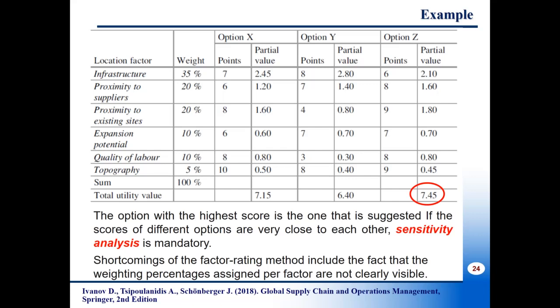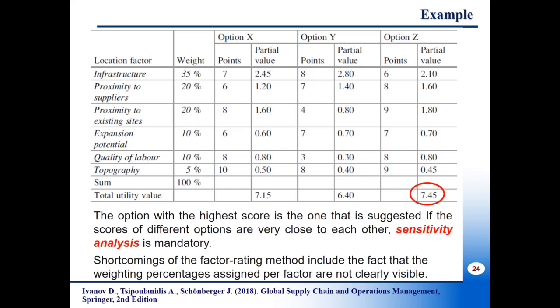Each factor has a different weight of importance. For instance, infrastructure has 35% degree of importance. Proximity to suppliers has 20%. It is the same as proximity to existing sites.